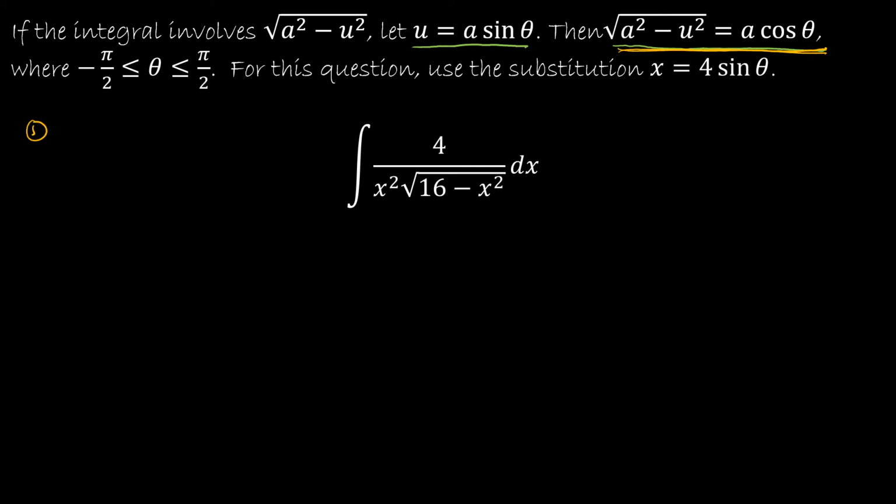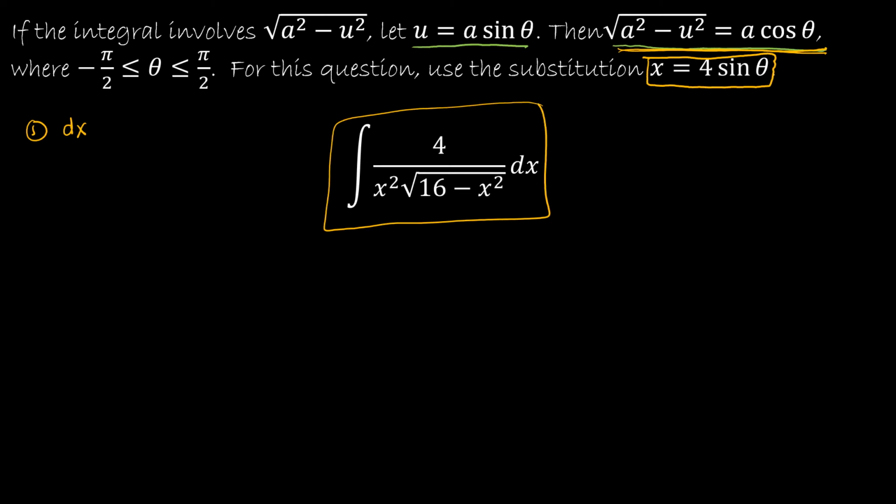So for the first step, we're going to take x and find dx, because the big picture here is I've got this integrand and everything is in terms of x. When I use trigonometric substitution, every x is going to be replaced by some expression in terms of theta instead.